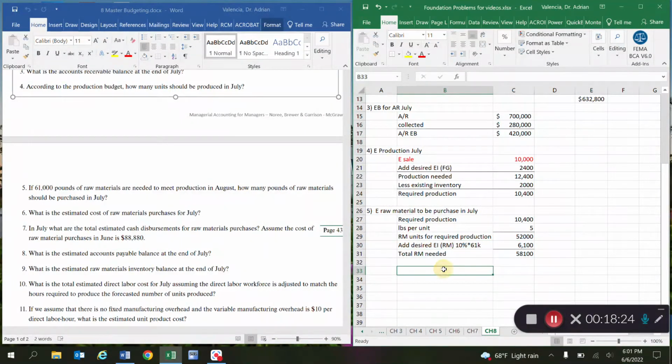And then, just in the same way that we subtracted out the existing inventory, we also have existing inventory for raw material. So less existing raw material inventory.